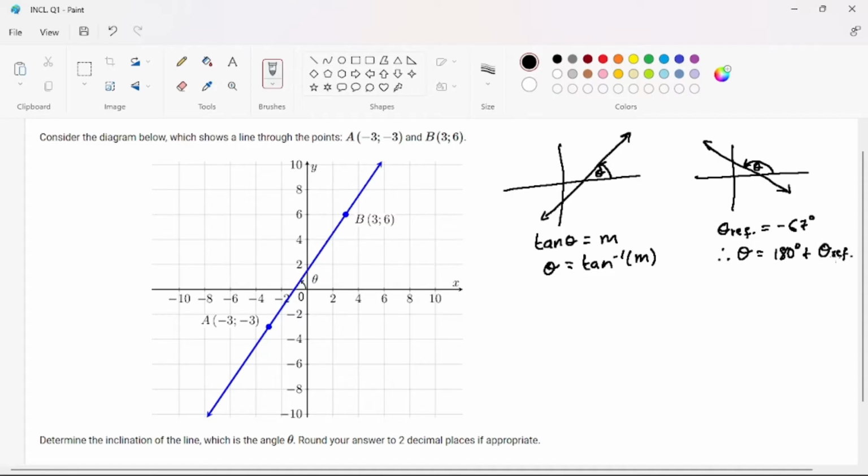Keep in mind that your reference angle, when you substitute it here, is going to be negative. So it's the same thing as saying 180 minus this, and then you get your angle of inclination, right?